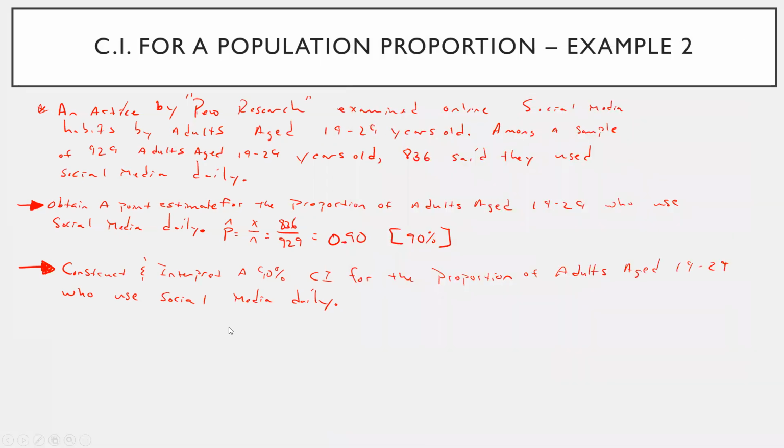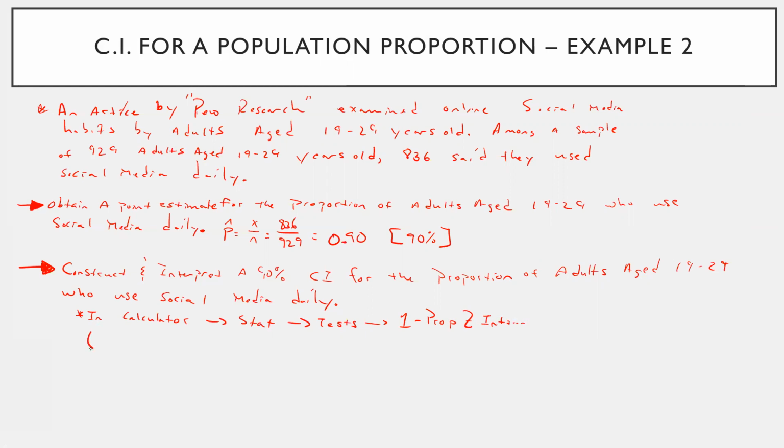Okay, so in the calculator, we pressed the stat button, then we went over to tests, and then we used the 1-PropZInt, which stood for interval.